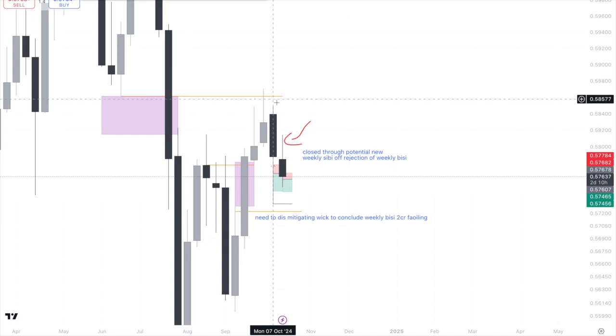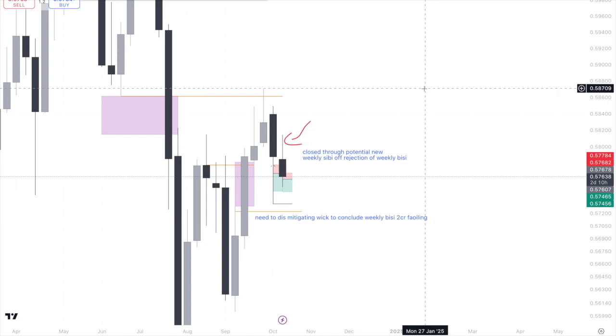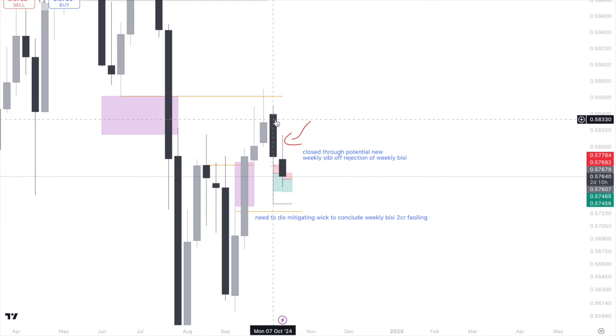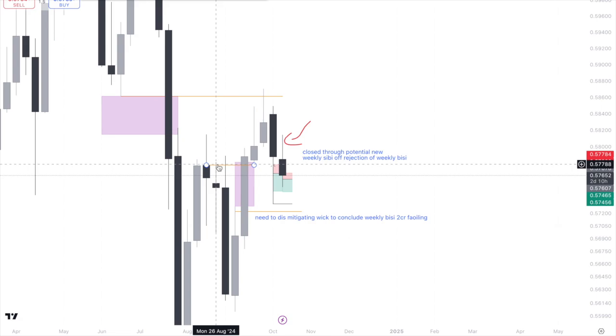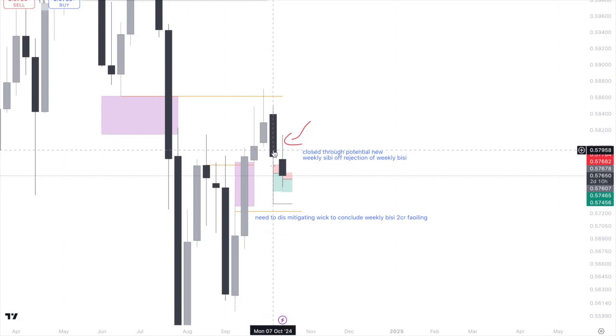So we come down into it, and on this candle you get the initial sting into it, and you get quite a big rejection, honestly. So when you get this big rejection on this candle, for this 2CR to follow through, because you've now got this weekly overlapping a monthly fair value gap versus this weekly overlapping defense, you always take into account the most recent 2CR, which is off this defense.